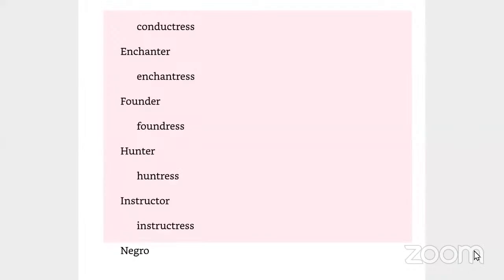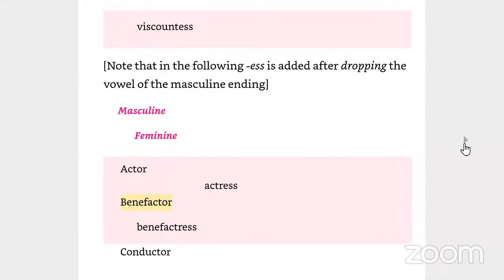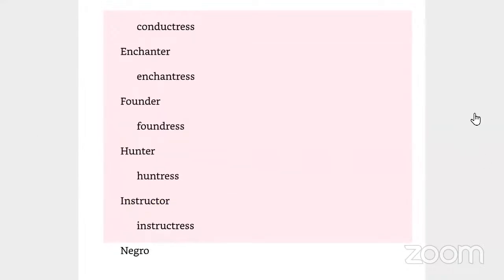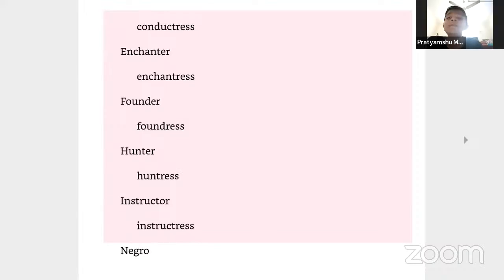Conductor, conductress. Conductor, you know, bus conductor? There could be a conductress also. Enchanter. Who can say what's the meaning of enchanter? Pratyanshu, are you trying to answer? Anybody else wants to answer?